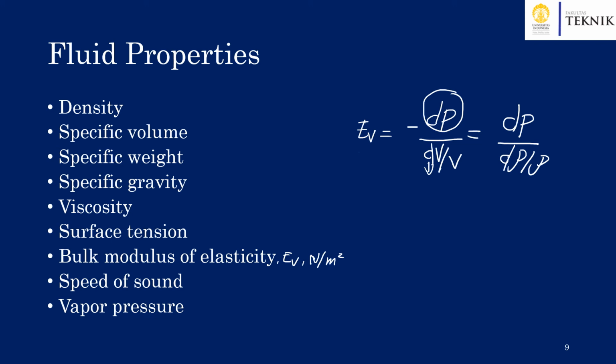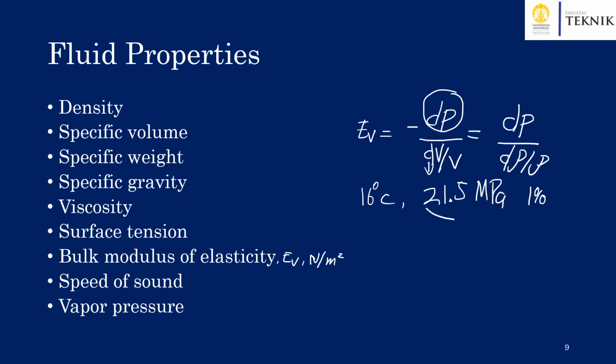For example, at atmospheric pressure and temperature of 16 degrees Celsius, let's say water requires a pressure change of 21.5 megapascal to compress one unit volume of water, resulting in just a 1% change in volume.